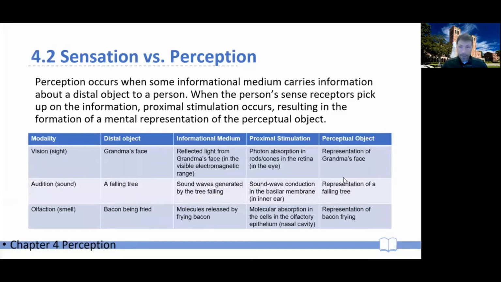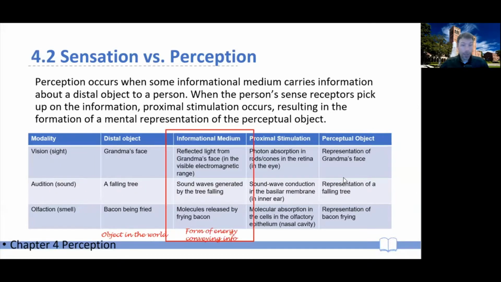Let's do this by modality. Okay, let's take the modality of vision. So vision, so sight. Let's take a distal object, the face of somebody you love. This is the object in the world, what Gibson calls a distal object, something that is out there. Now, of course, something needs to bring the information of that distal object to your senses.